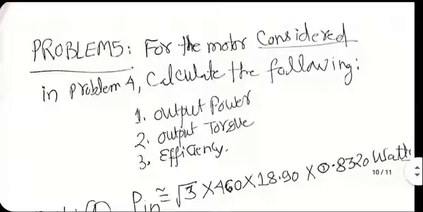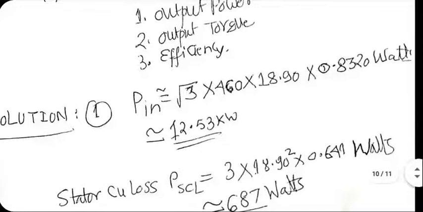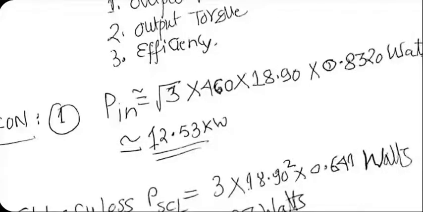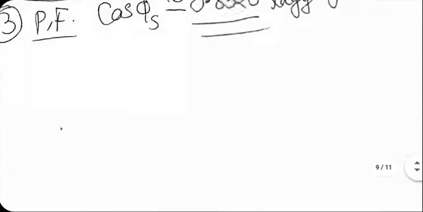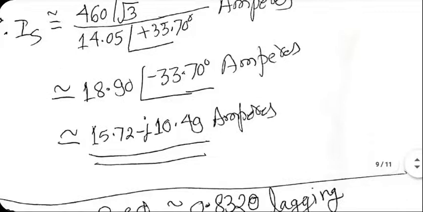Okay, there's a lot more. For the same motor, output power, output torque, efficiency, more calculations really. Input power is easy to figure out because now we know stator current magnitude. It's right there, 18.90.